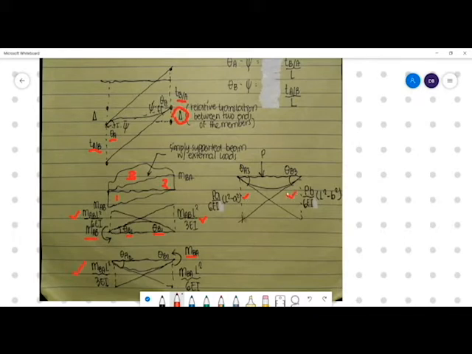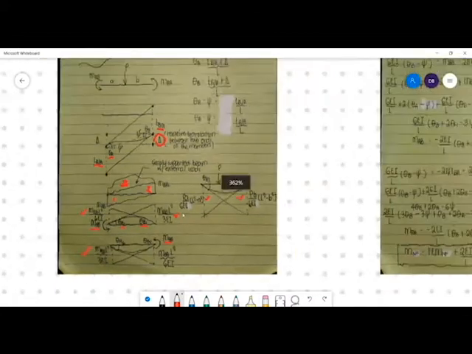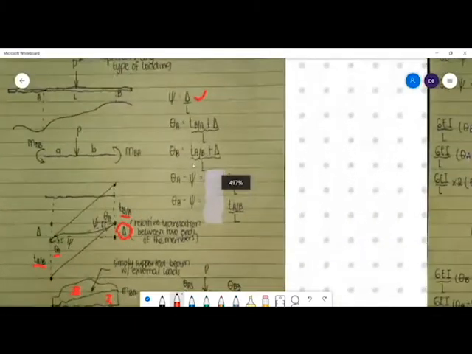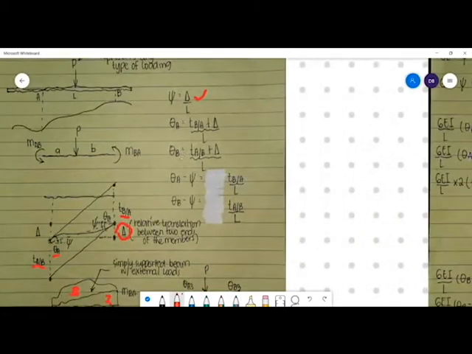Before that, let's first determine the relationship between our tangential deviation and our slope, using the original area moment method.